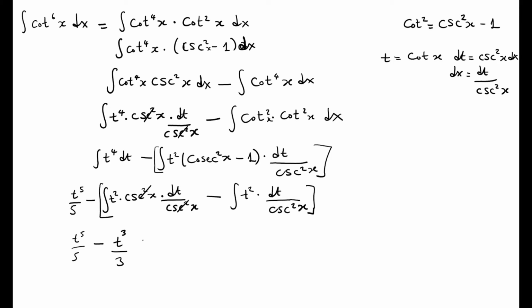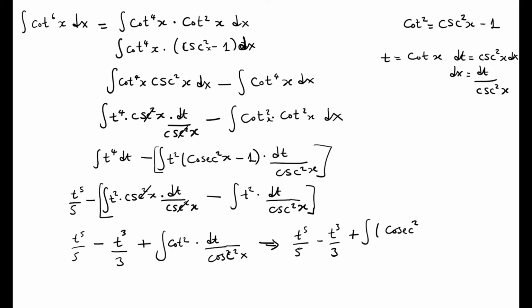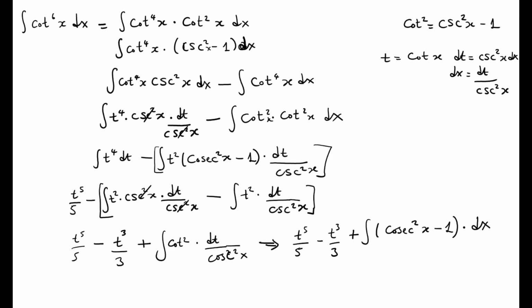This and this give you plus the integral of cot squared multiplied by dt over cosec squared x, which we can replace by saying t to the power 5 over 5 minus t to the power 3 over 3 plus the integral of, here is (cosec squared x minus 1), multiplied by, okay, let me just put dx in the end. This was just dx.